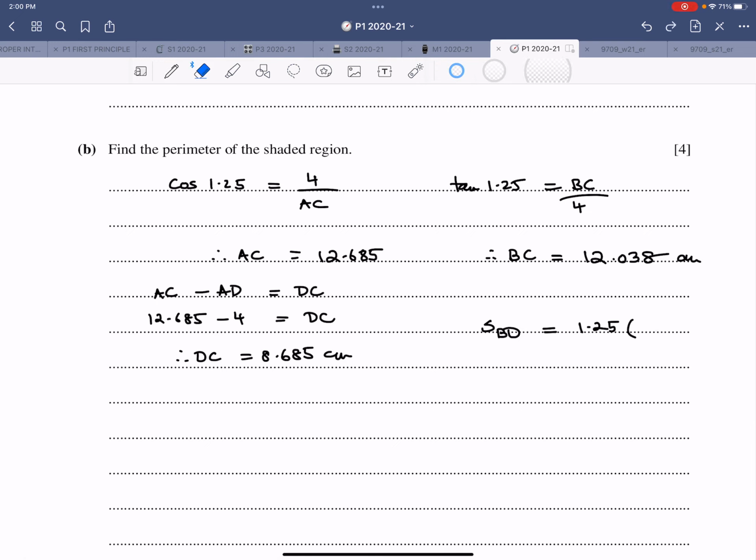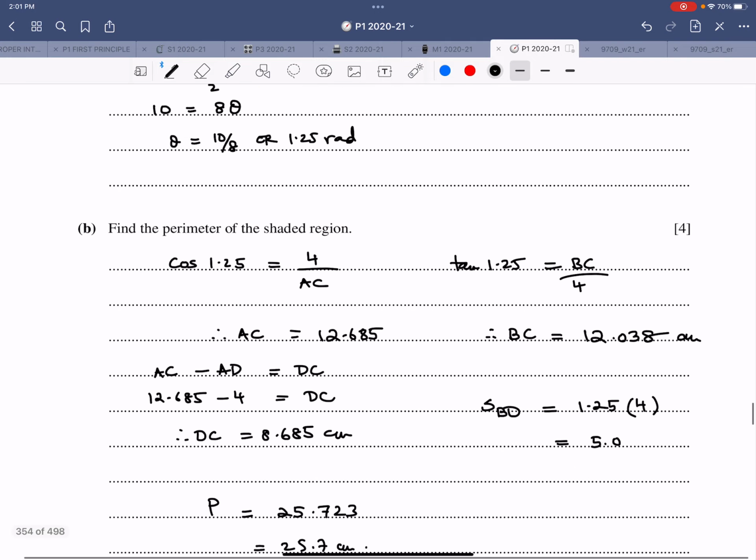Therefore this comes out to be 5.0. Now add it all up: 12.038 plus 8.685 plus 5 comes out to be 25.723, and then you should round it off. So this becomes 25.7 centimeters.